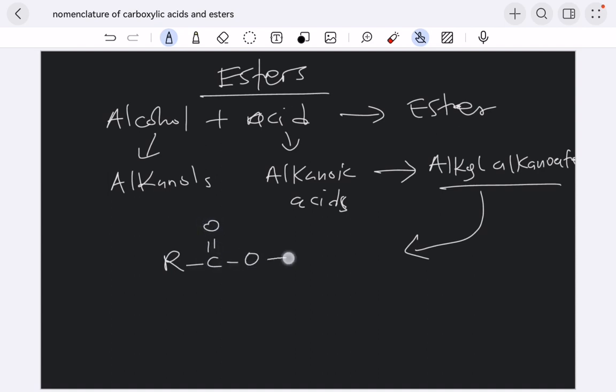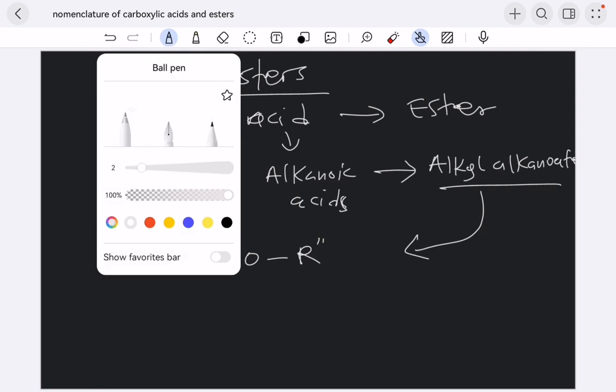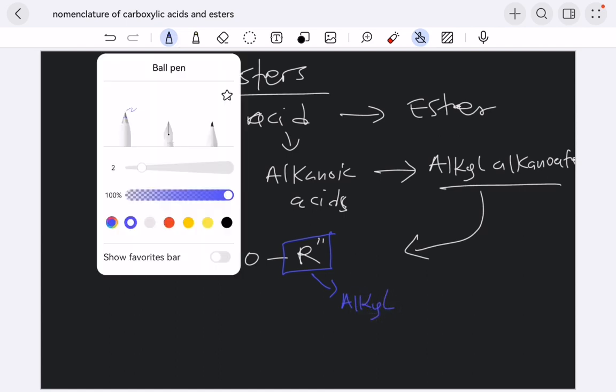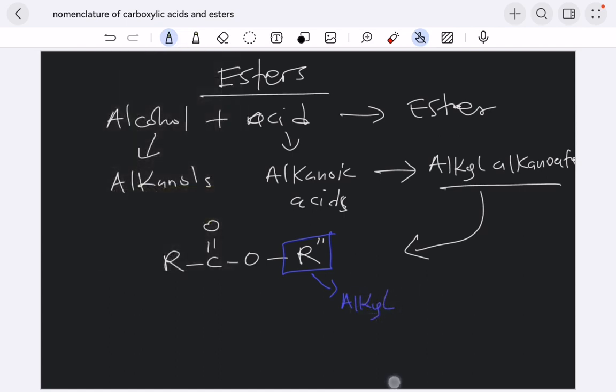And this alkyl alkanoate is represented by something like this, then this, where I will say this represents what we call an alkyl, and this represents what is known as alkanoate.